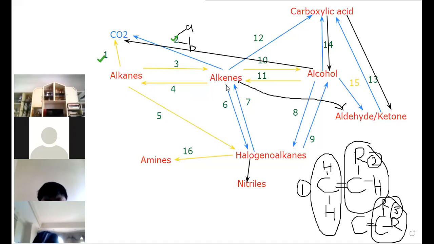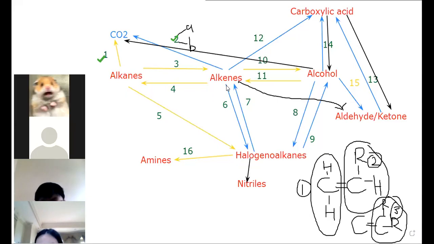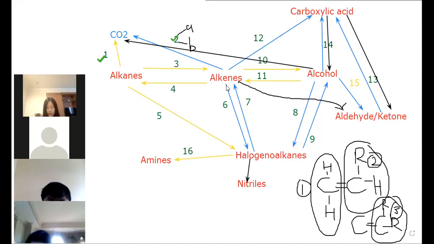The name of the reaction is cracking. Yes, correct. So it is called cracking, with catalyst aluminum oxide and zinc oxide or zeolite. The temperature is around 400 until 600 degrees Celsius. Okay, number 3 already done.